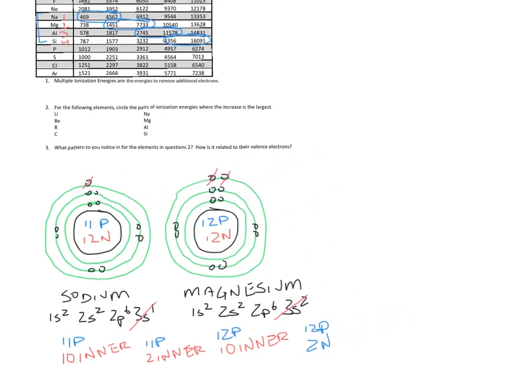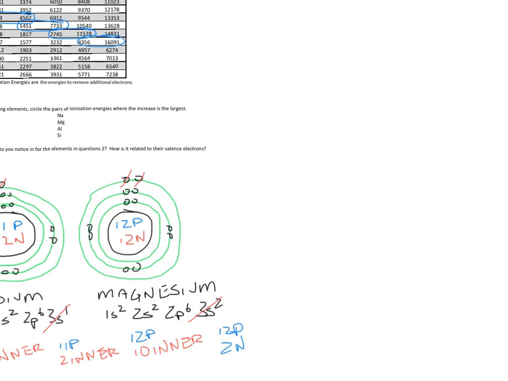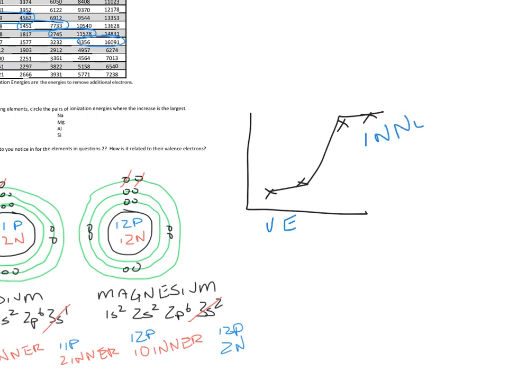So if I graphed this, I would see something like, if these were some points for ionization energies, I would see, okay, I've got a large increase in between these two. And so that means these guys were valence electrons, and now I'm starting to remove my inners.